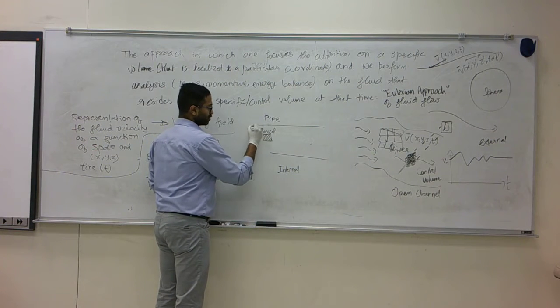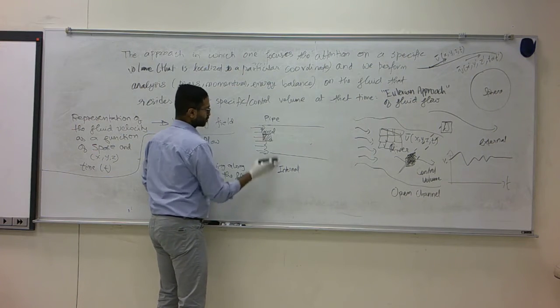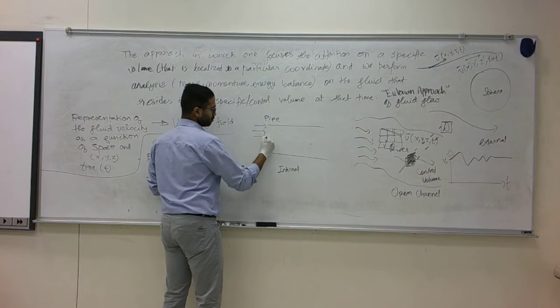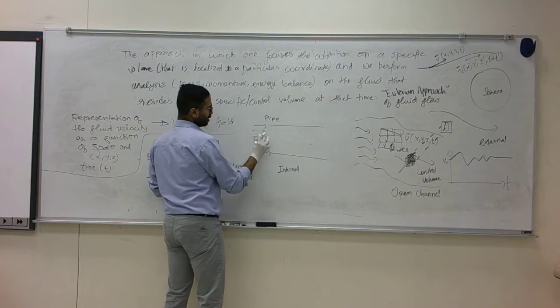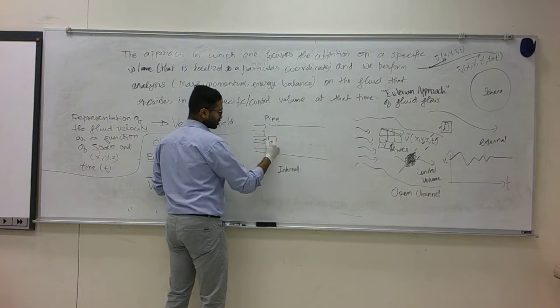That is, there is flow going everywhere. The flow that enters this particular volume, you have a pipe flow. Okay, let's say I designate a certain cross section.